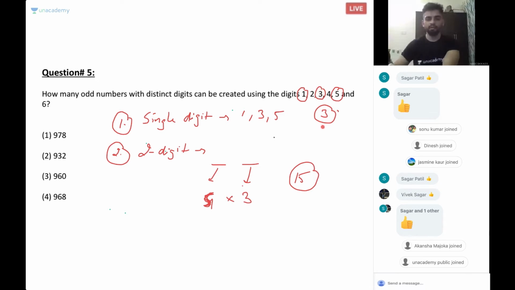Okay, so my answer is going to be 3 plus 15, let's just write it down here, 3 plus 15 plus 60 plus 180 plus 360 plus 360. 720 plus 180 is 900, plus 60 is 960, plus 18 is 978, which is my option number 1.